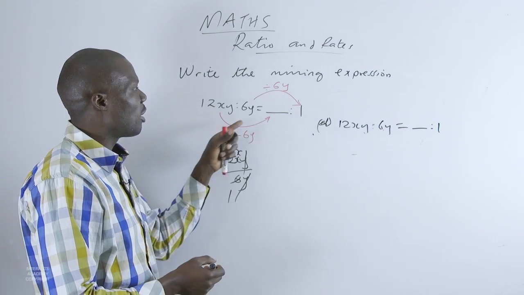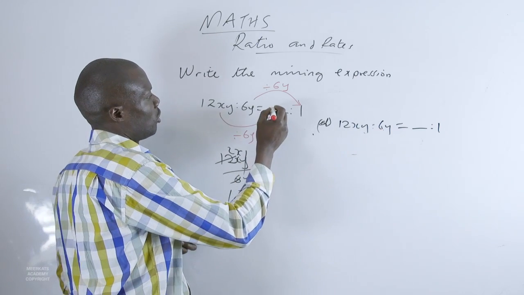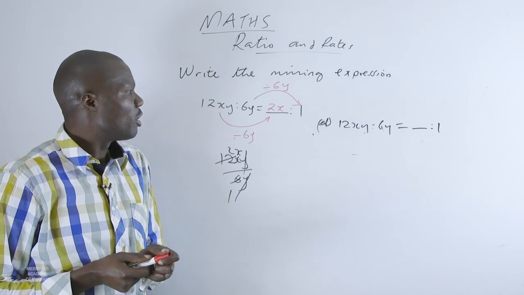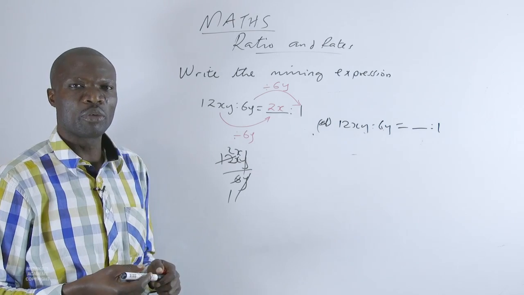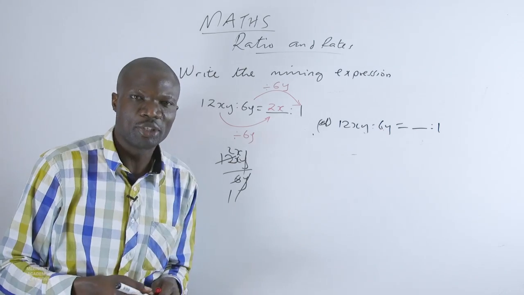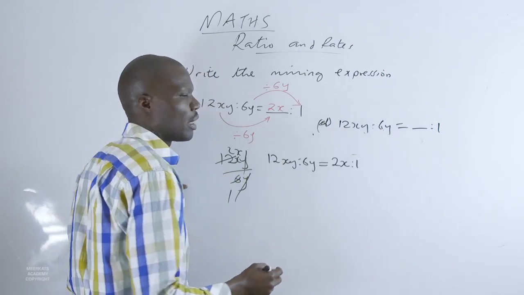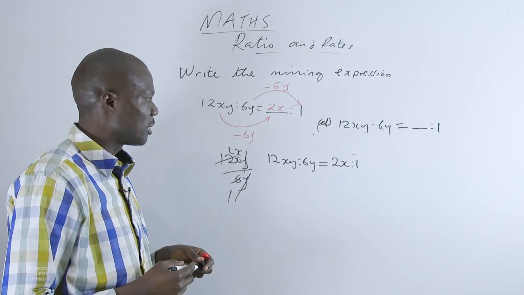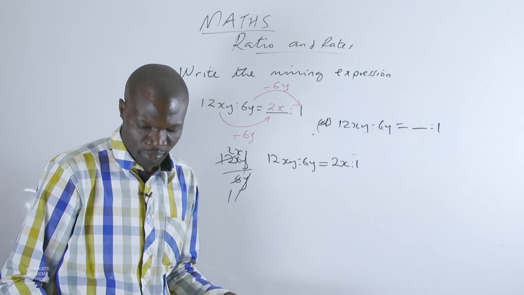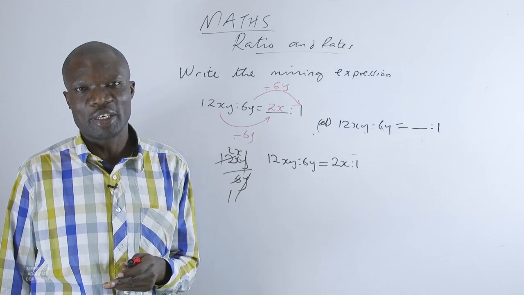So 2x now is our term that we are looking for. So the new or equivalent ratio that we are looking for, which is equivalent to 12xy to 6y, is going to be 2x to 1. So this is when we are searching or finding the missing expressions.